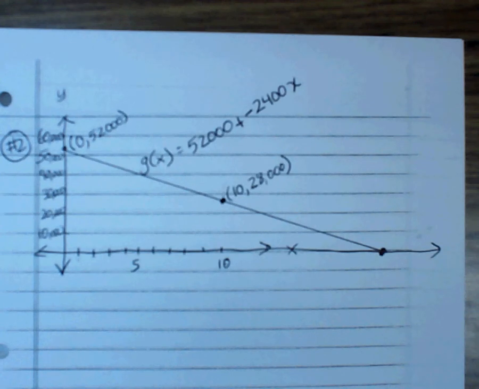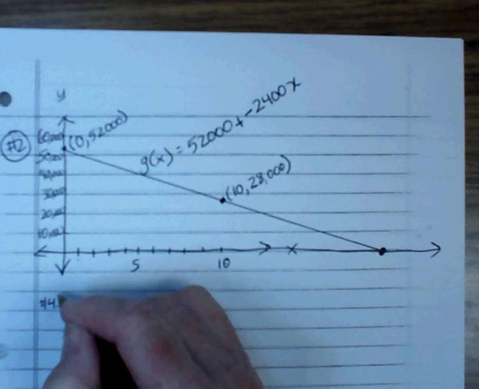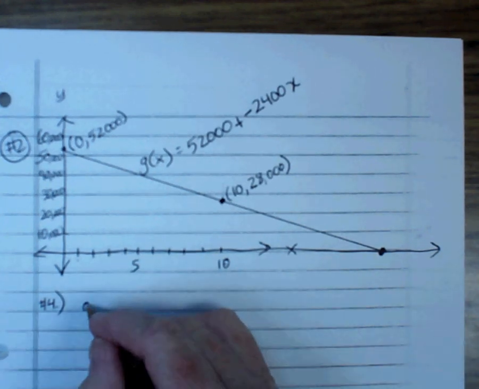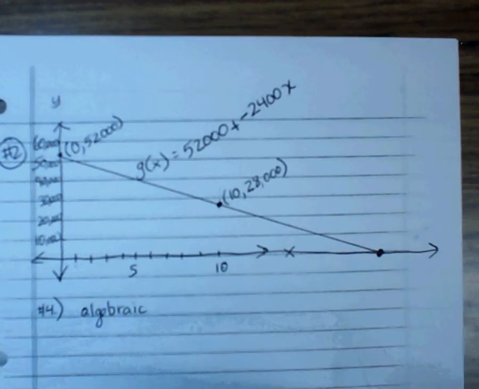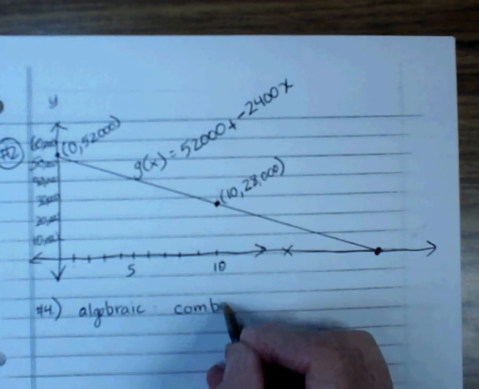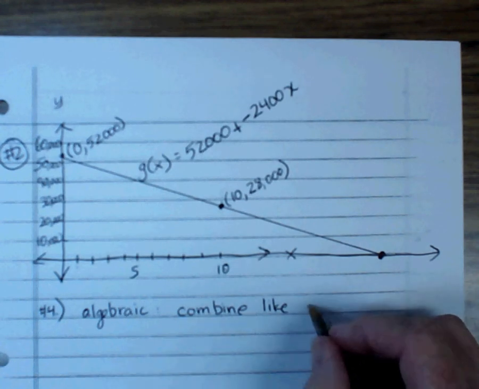And now I'm going to look at number 4. And number 4 was asking about the algebraic way of adding them. And that's just combining like terms, which you've been doing since middle school.